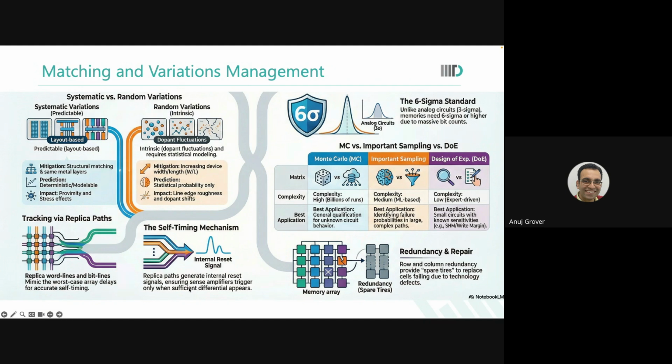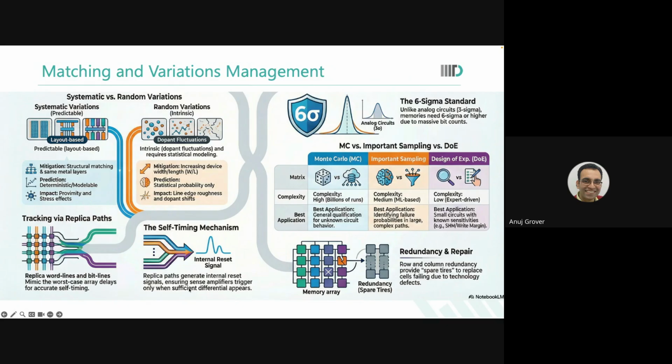When I introduced replica design, I did not say that replica has to be the worst. Somehow you added that word. Replica simply means copy. Why copy? Because I want to reduce mismatch. That's it.